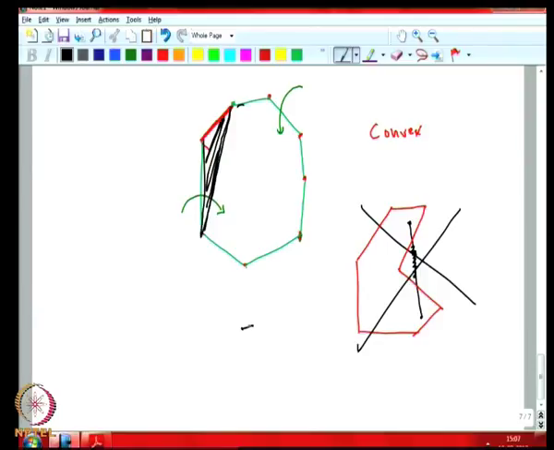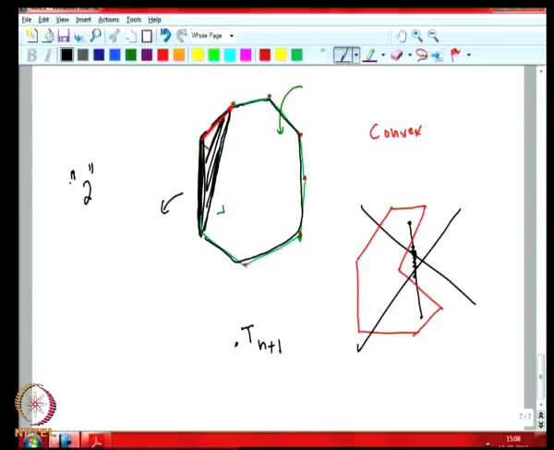So, T n plus 1 will be the number of ways to triangulate this portion, while on this side we do not have anything, but we can say that it is just a single edge polygon, that is a polygon with 2 sides.